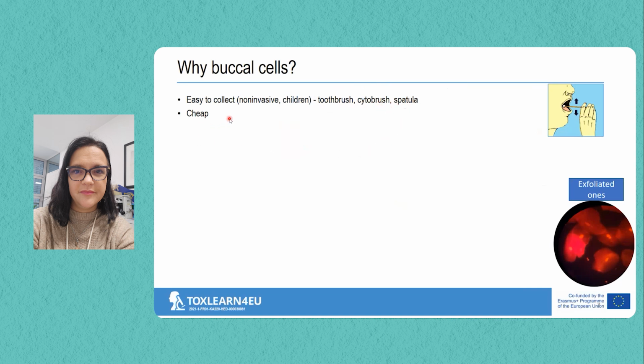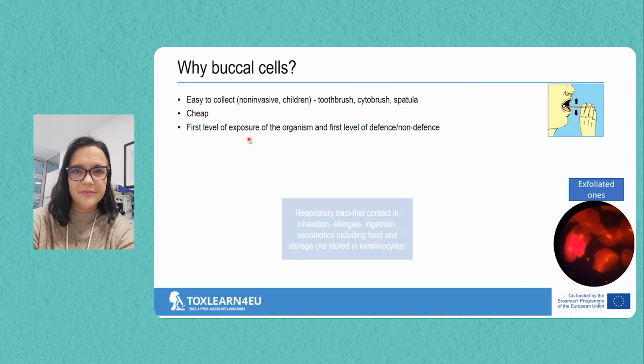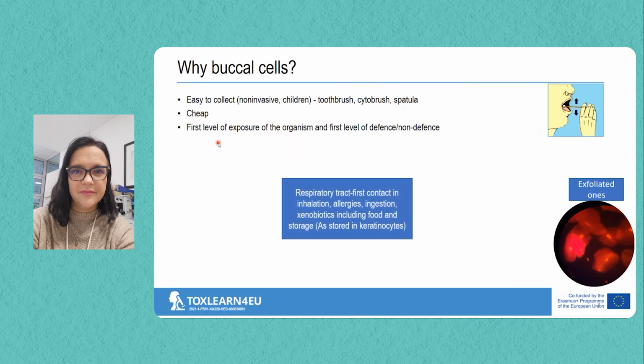The method for collecting or sampling is actually cheap, and buccal cells are the first level of exposure of the organism, and they are the first level of organism defense or non-defense against all the agents that can enter into your organism or body through the respiratory tract.